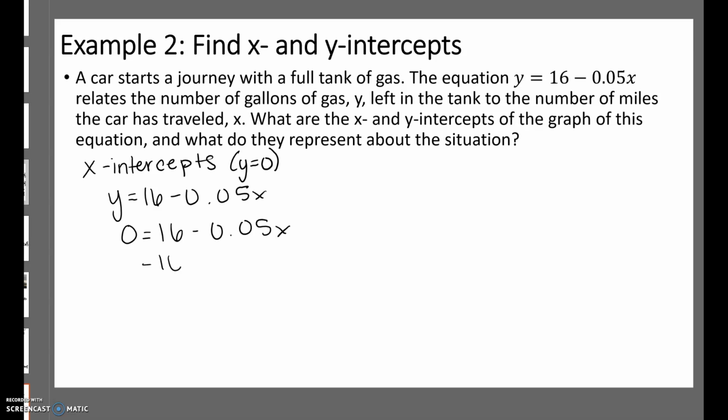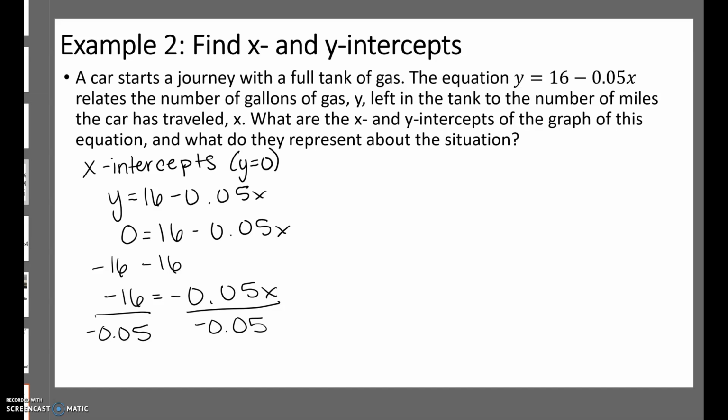So I'm going to subtract 16 on both sides. I get negative 16 equals negative 0.05x. And then I'm going to divide by negative 0.05 on both sides. And then I'm going to get an answer of 320 equals x. So my x-intercept would be (320, 0).